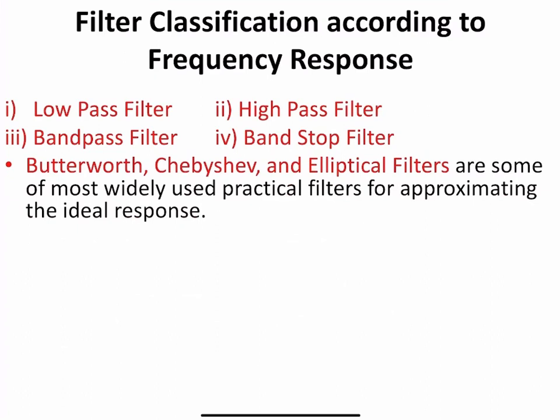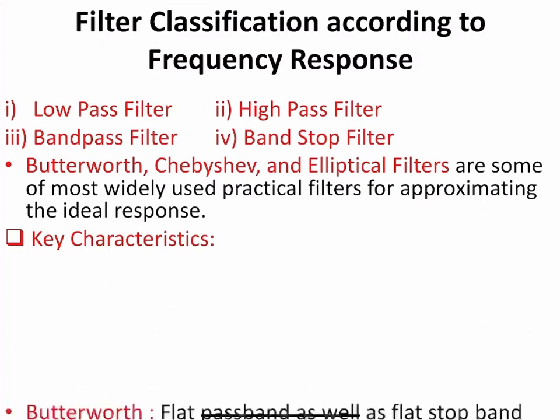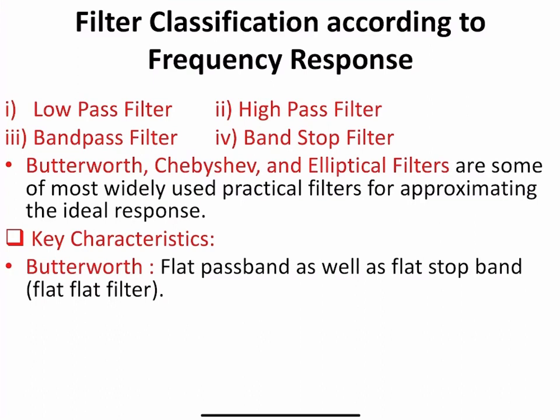Next, Butterworth, Chebyshev, elliptical filters are some of the most widely used practical filters for approximating the ideal response. Key characteristic of these techniques: Butterworth filter has a flat pass band as well as flat stop band.